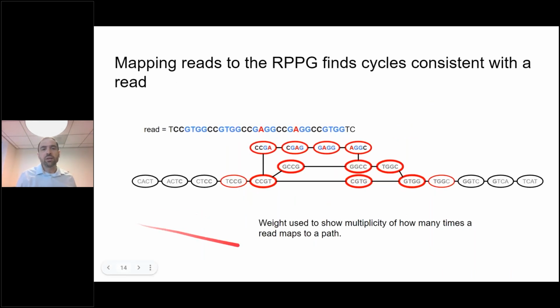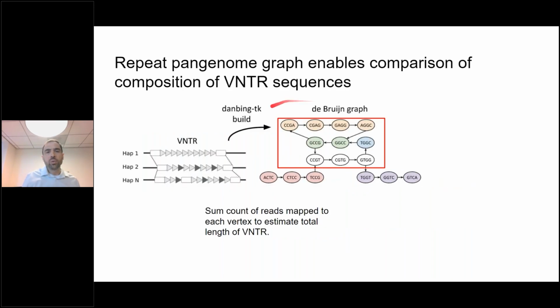When we map reads, we count how often reads align to individual vertices in this graph. For some read data set, we can count how often reads align into the vertices, sum those up, and that gives us an estimate for the total length of the tandem repeat.